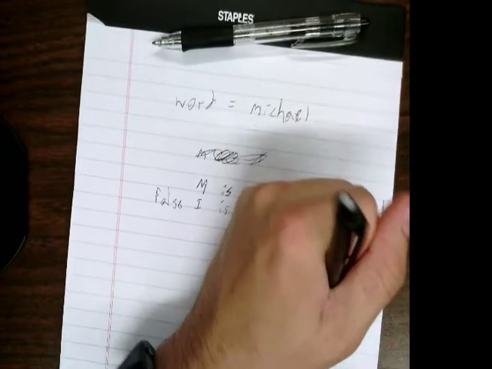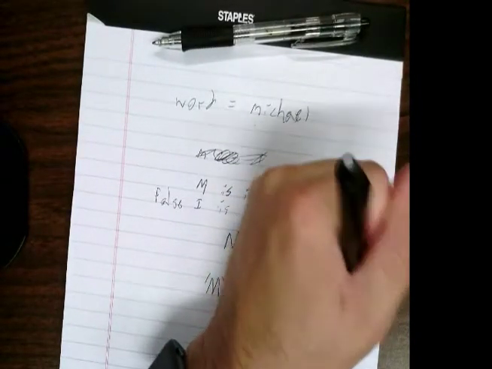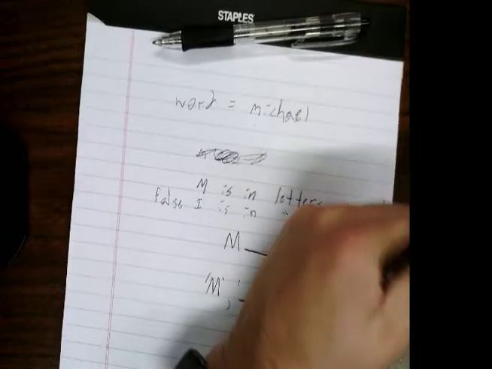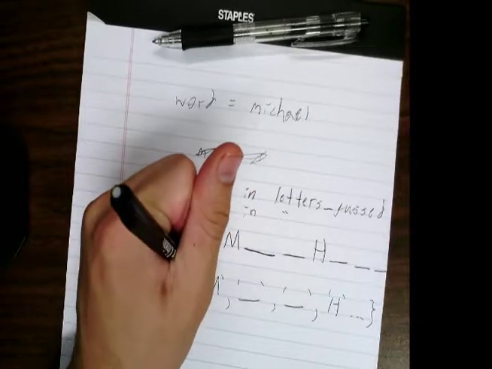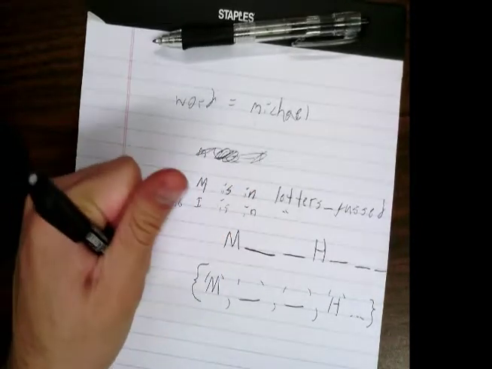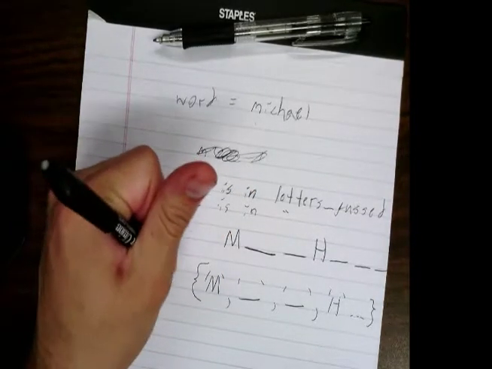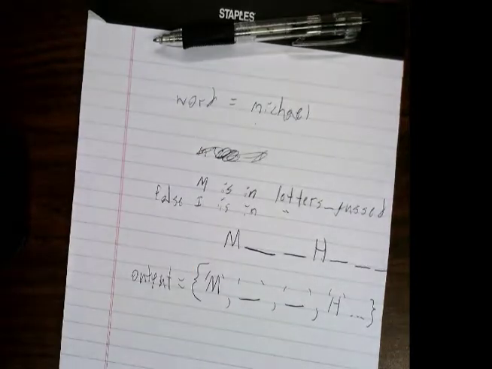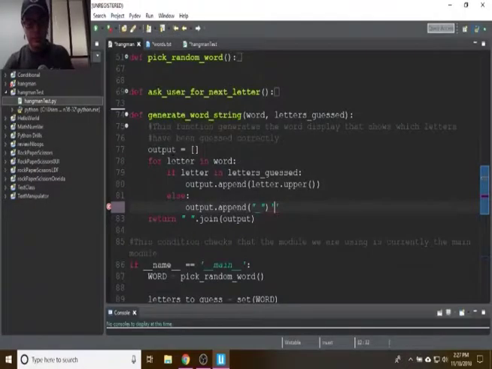So we've just added a bunch of things to the list. So let me draw this. At this point, output would theoretically look like that. Then when we go back to our code, I'll delete what I just wrote.